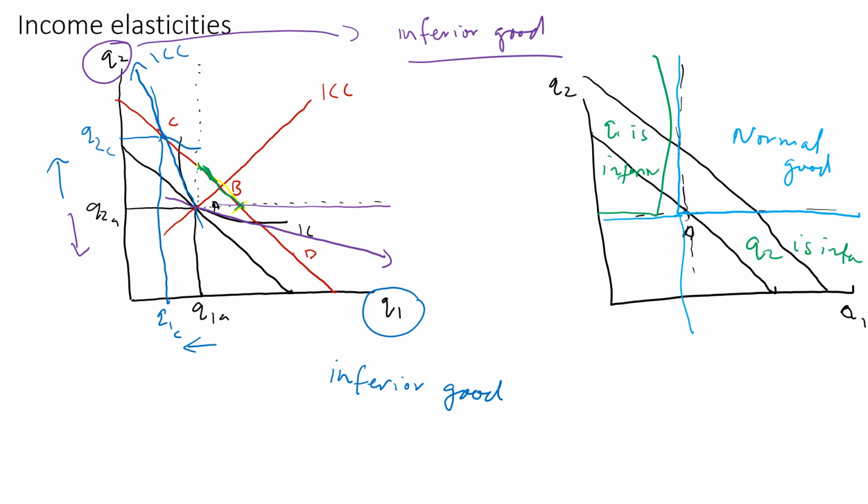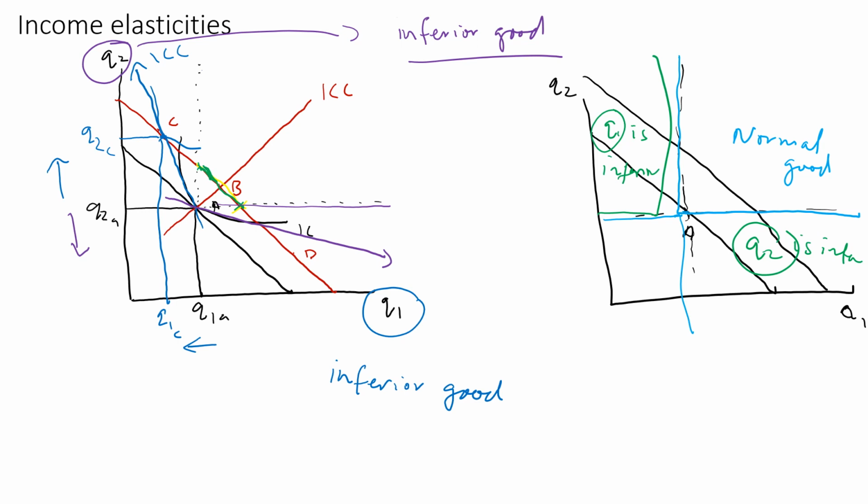Now there is another question. What if both Q1 and Q2 are inferior? If Q1 is inferior as well, and Q2 is inferior as well, then how can we draw that graph? The answer to that is that it is not possible, because for this type of analysis, at least one of the goods should be a normal good.